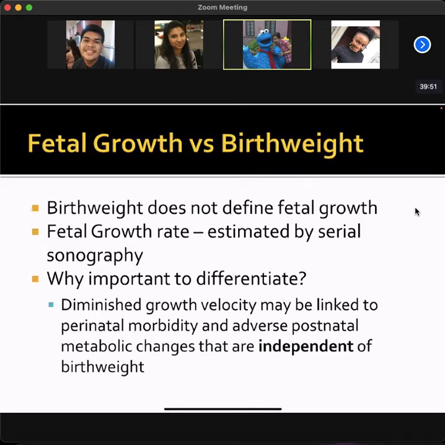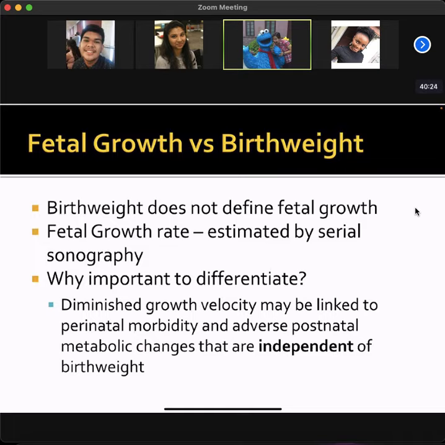So diminished growth velocity may be linked to perinatal morbidity and adverse postnatal metabolic changes that are independent of the birth weight. One concrete example would be an estimated normal birth weight for a 37-weeker is 2.25 kilograms. But if the baby at 34 weeks is already 2 kilos, after 2 weeks is still 2 kilos, that is abnormal fetal growth.